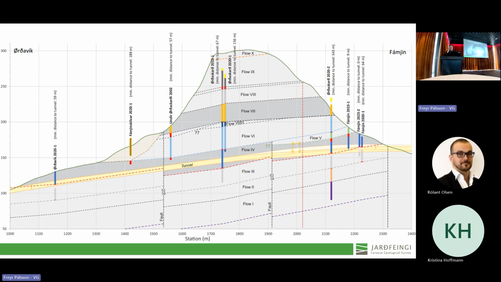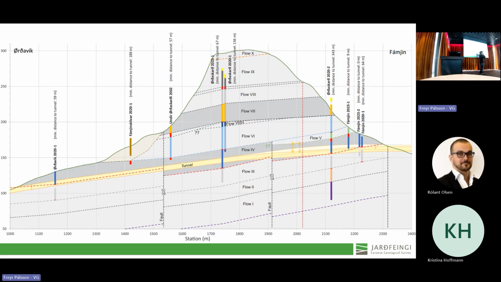But the problem in this case was maybe more that the original prognosis wasn't good or wasn't accurate enough. We missed these two faults in the prognosis.